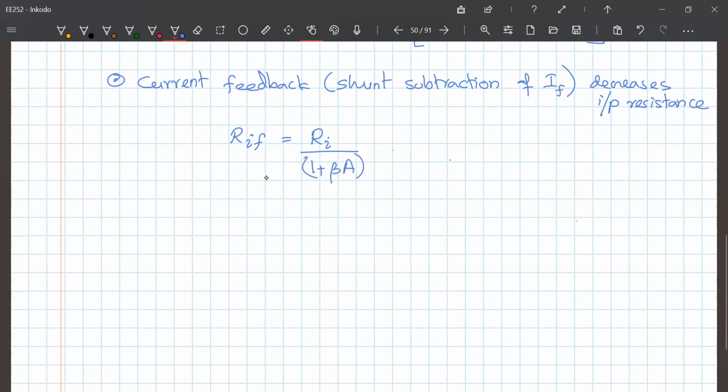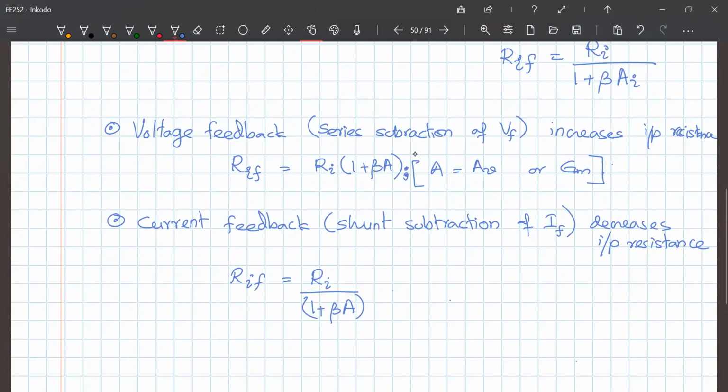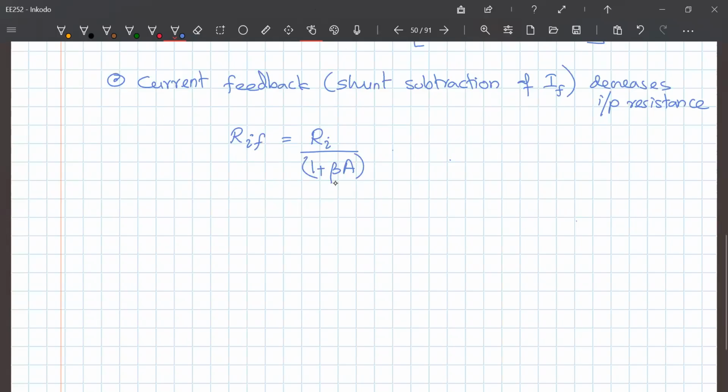Hope you guys make this correction. I had incorrectly marked it as Ri divided by 1 plus beta A, in which case it will be reduced, right? But what we want is an increase. In this case, A can be either Rm or Ai.